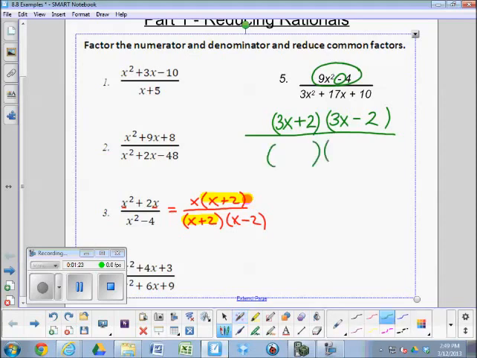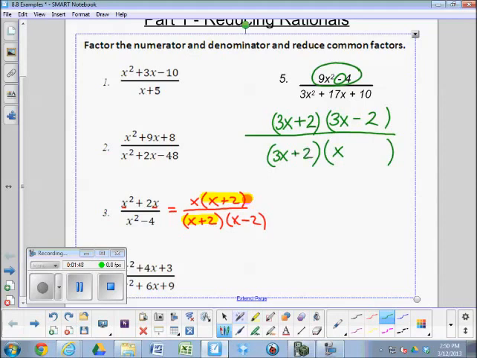In the denominator, this is not the difference of perfect squares. It's a big trinomial, and it has a leading coefficient of 3x squared, as a leading coefficient of 3. So instead of just x and x, we need 3x times x to make 3x squared. On the back end, we're going to have 2 and 5 multiply to make 10.